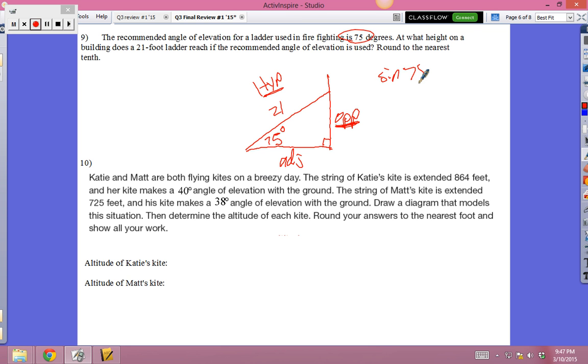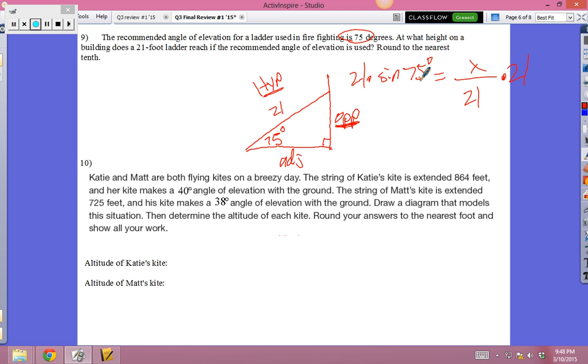So the sine of 75 degrees is equal to the fraction, opposite on top, I don't know it, so call it x. On bottom is the hypotenuse, that's 21. So now solve for x. Ditch this, divide by 21. So times both sides by 21.